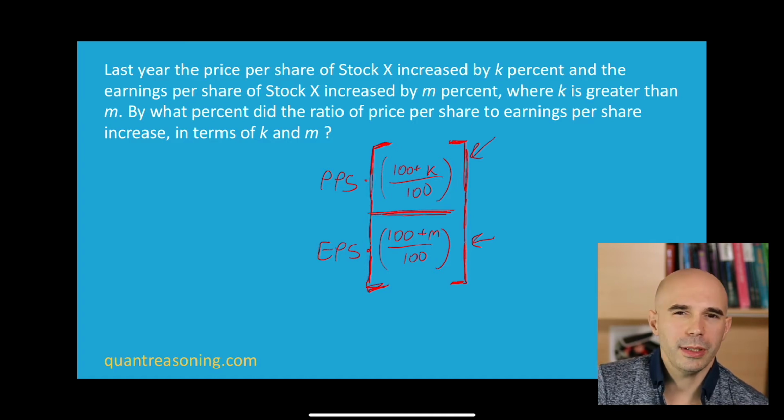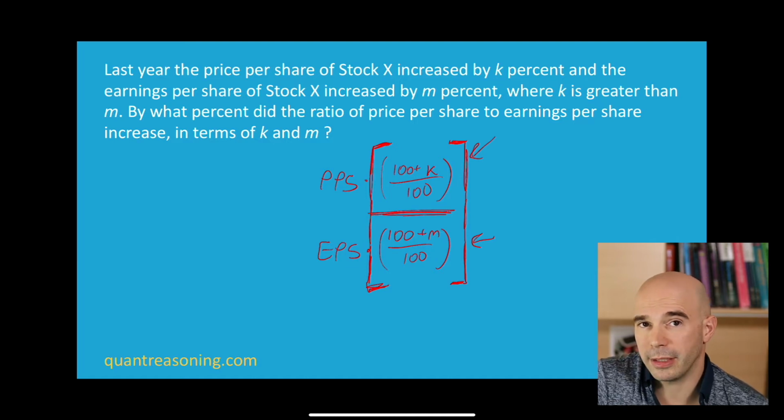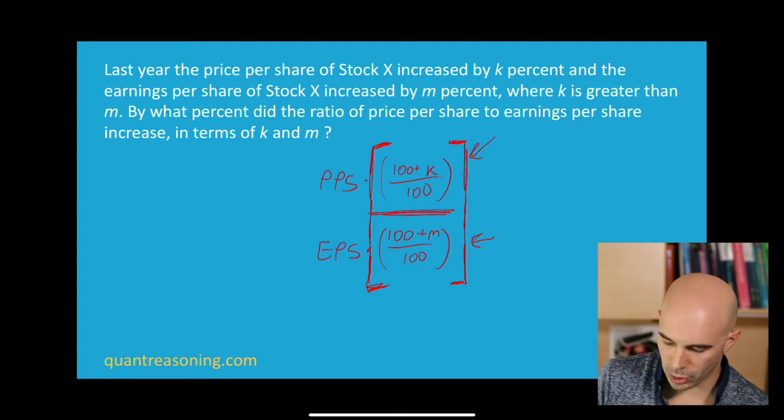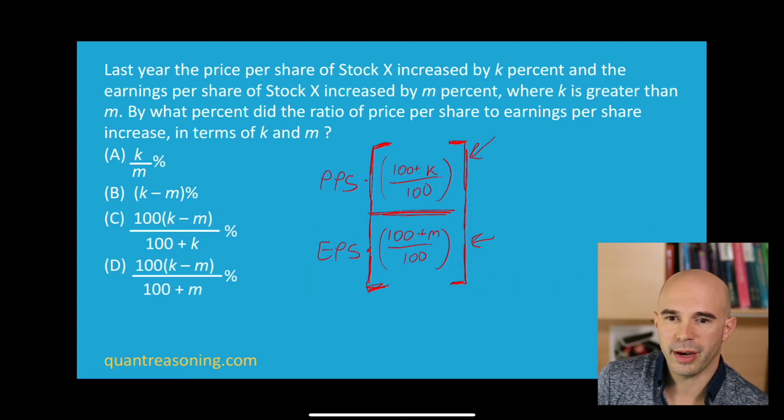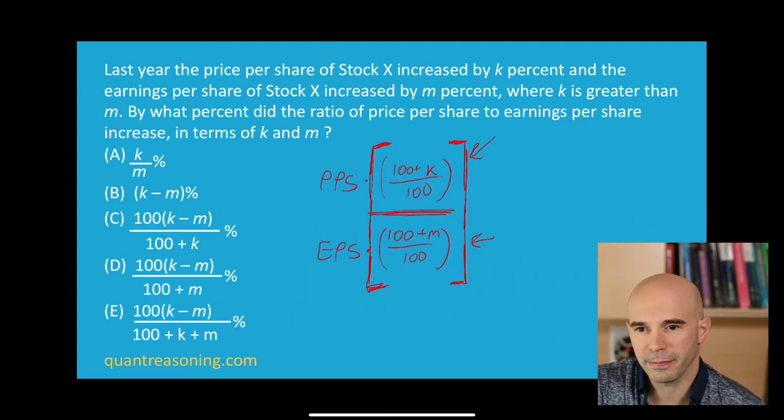Now, we shouldn't have to work so hard on the GMAT. I mean, taking this really nasty looking fraction and then simplifying it and then multiplying it by 100 and then subtracting 100, that's a lot of work. So I wonder if we look at the answer choices, is it possible that we can pick out the right one without actually doing any of the work?